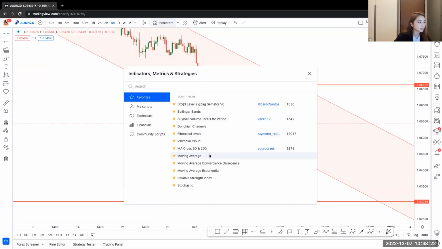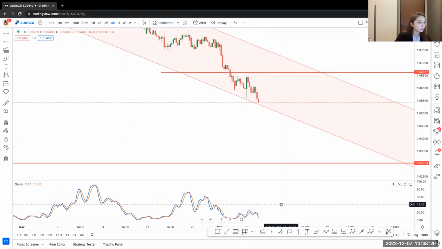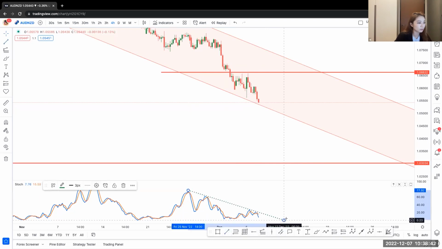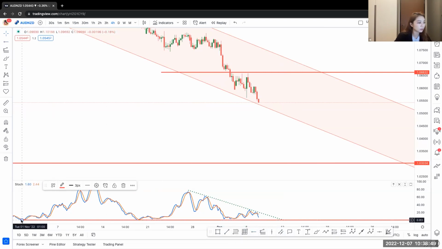Let's take out stochastics first because I want to see, is there any chance of divergence? No chance of divergence. We are still looking at a downward sloping even on the stochastics and a lot of close support levels.